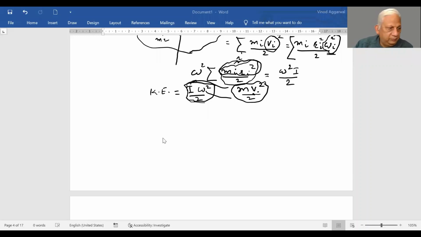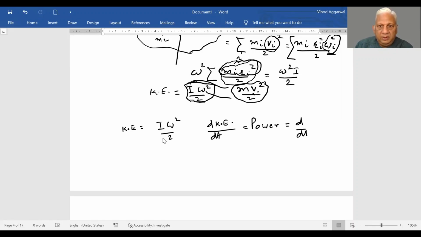Let's find the rate of work done. We know kinetic energy is equal to I omega square by 2, and if we take the differential of kinetic energy by dt, it is equal to power. It will be equal to d by dt of I omega square by 2, right?